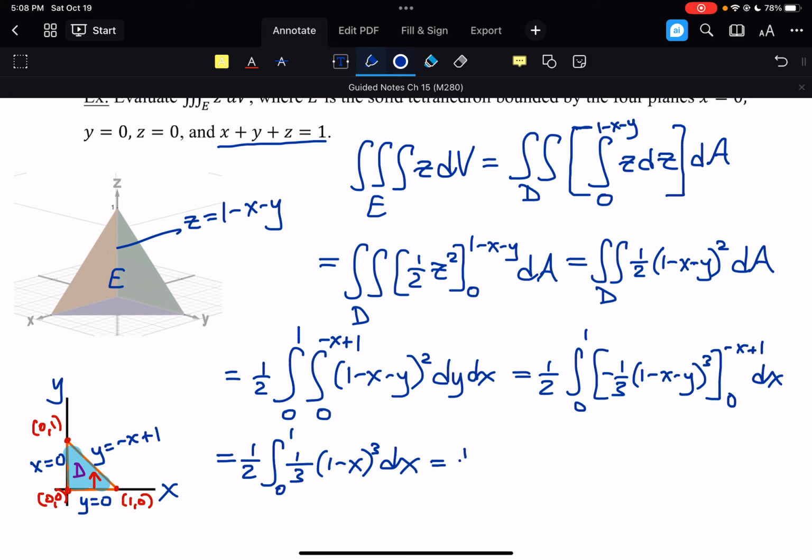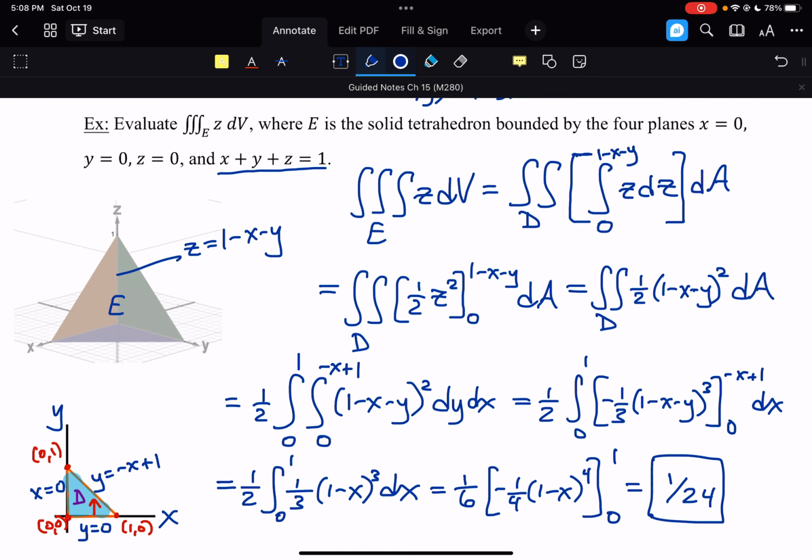We can pull the 1/3 out, so that's going to be 1/6. Apply the same principle, so we get negative 1/4 times (1 minus x) to the 4th from 0 to 1. Simplify all that down, we end up getting 1/24 is the value of that triple integral.